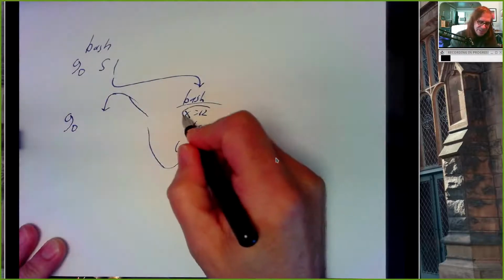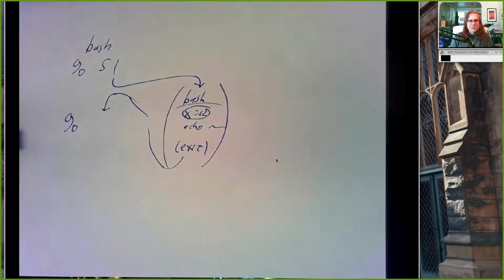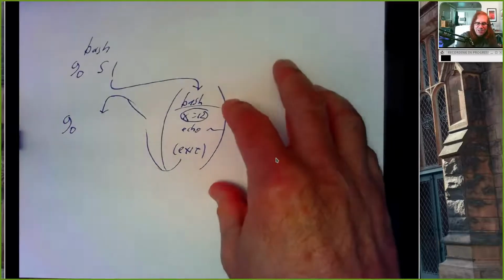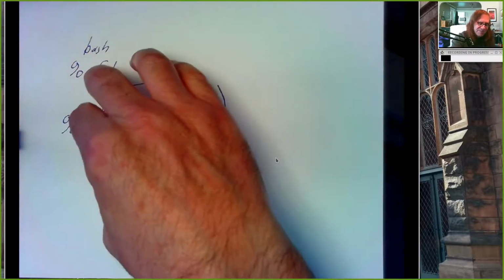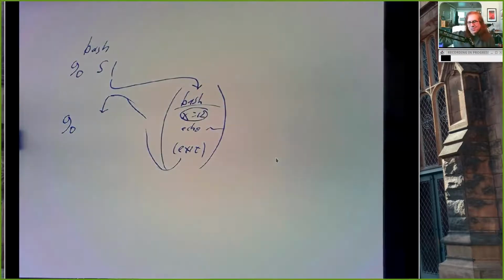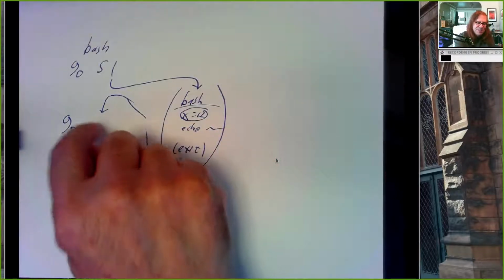This x equals 12 happened inside a totally separate instance of Bash. It's like this was a totally different life, and now I come back to my previous life, and that stuff was in my dream or something. So the change that I made to x there has no effect on the value of x here.